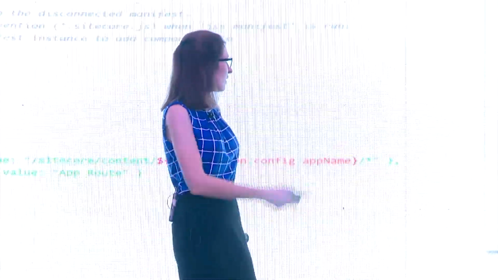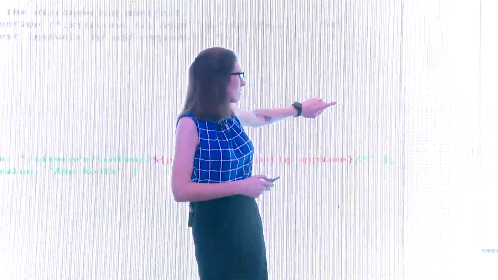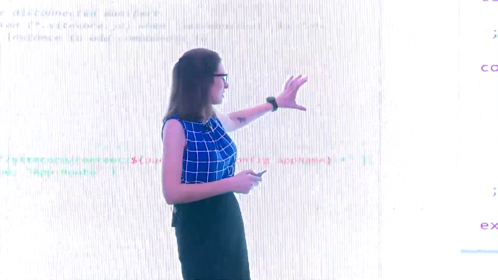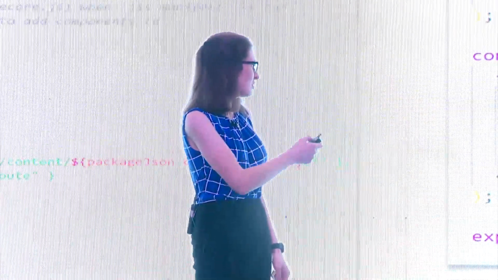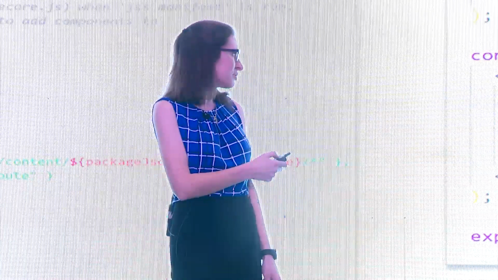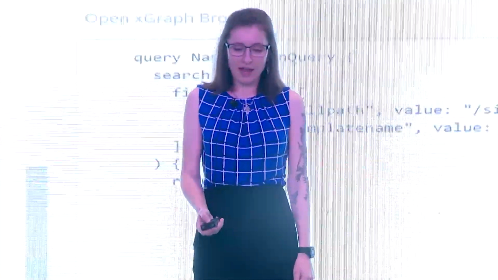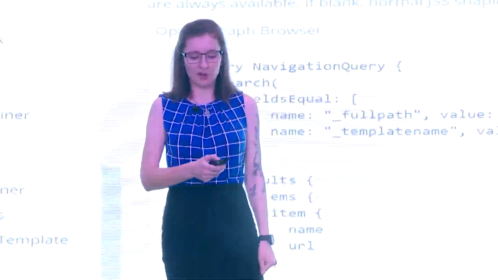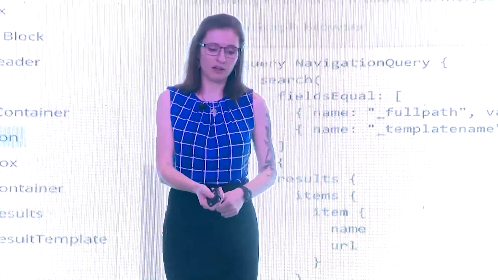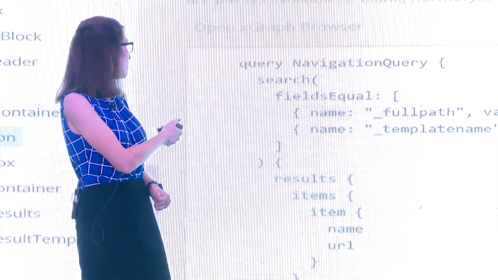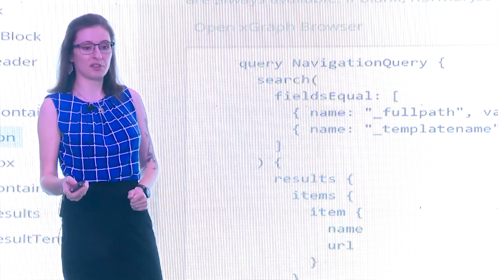We can see here, in my navigation, I'm getting the fields passed in as props, and I can just loop over them and render my navigation. Those are the results of the GraphQL query. And if you're not working code first, if you're working Sitecore first, this feature is available there as well through this field in Sitecore, if you're not using the manifest API.